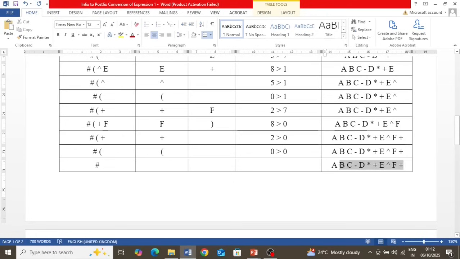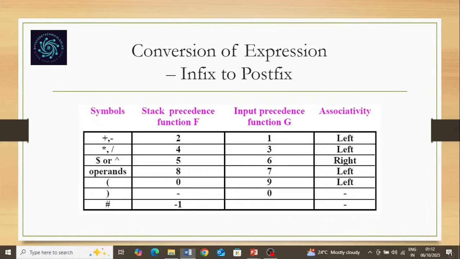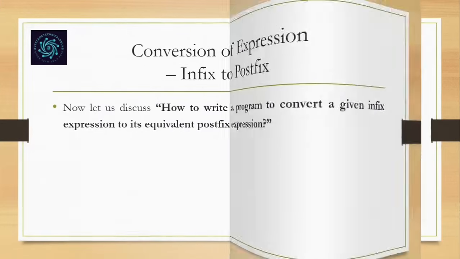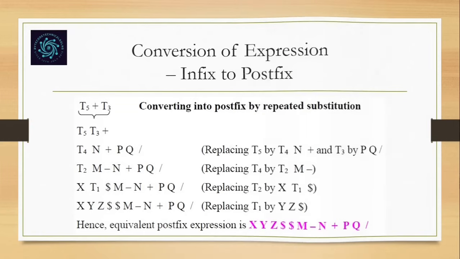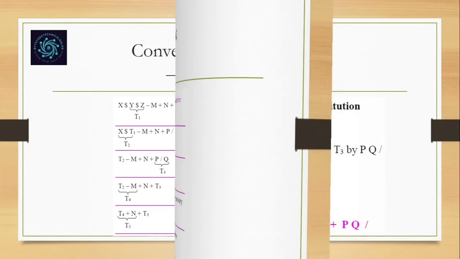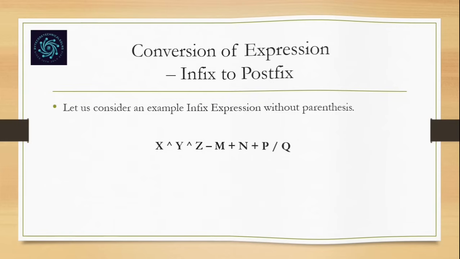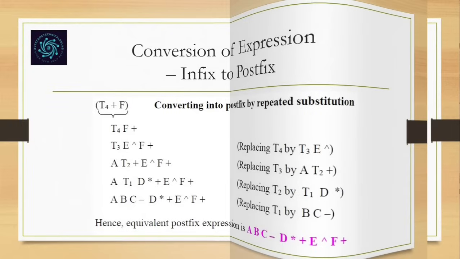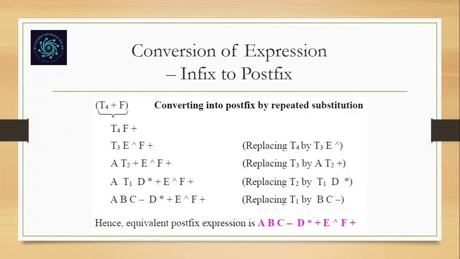Compare this resulting expression, obtained after applying the algorithm, with the evaluated mathematical way. Okay, if they both produce the same result, then we can confirm that the algorithmic part we have written is correct. So here we have the expression available, a b c minus d asterisk plus e raised to f and then plus.